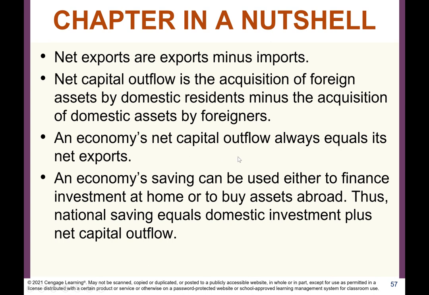An economy's net capital outflow always equals its net exports. An economy's savings can be used either to finance investment at home or to buy assets abroad. Thus, national saving equals domestic investment plus net capital outflow.